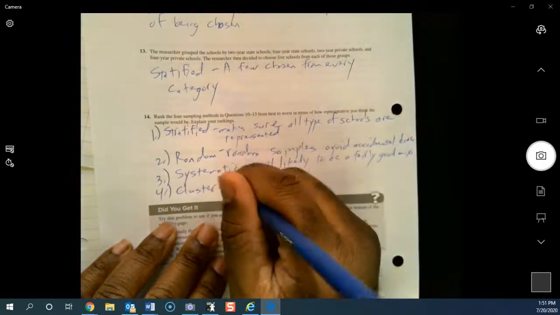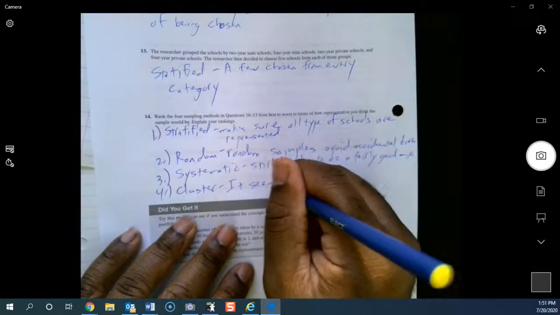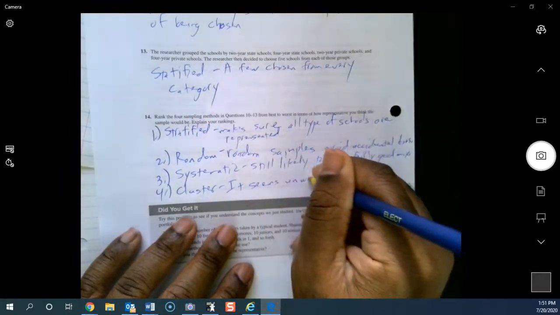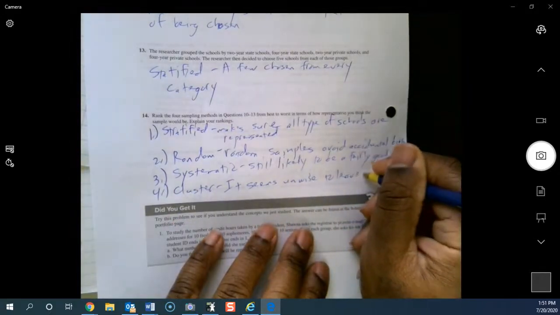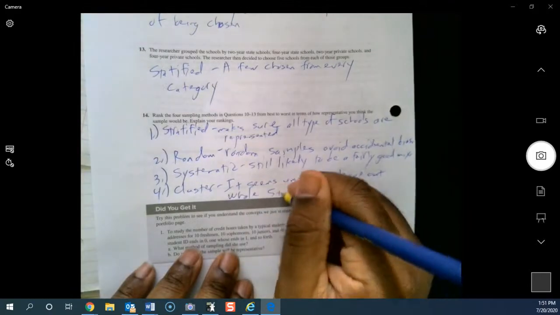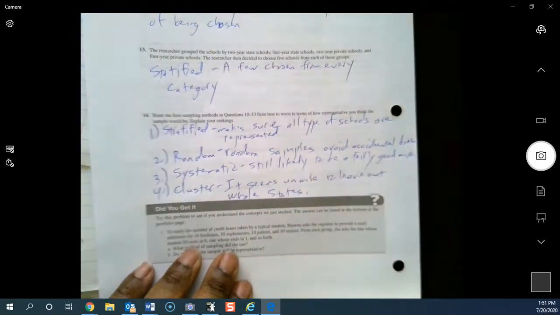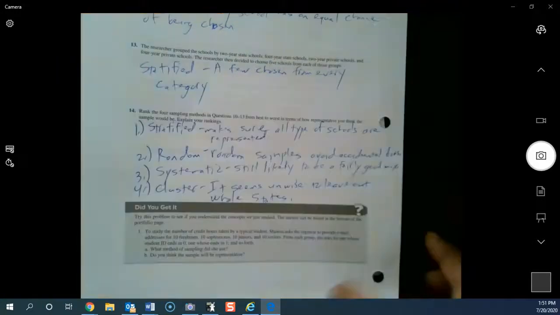Cluster will be the last because it seems unwise to leave out whole states. Because remember, we only did, I think it was 3 states. So that didn't seem that wise to leave out a whole state.